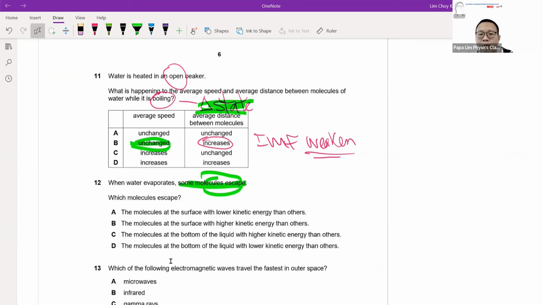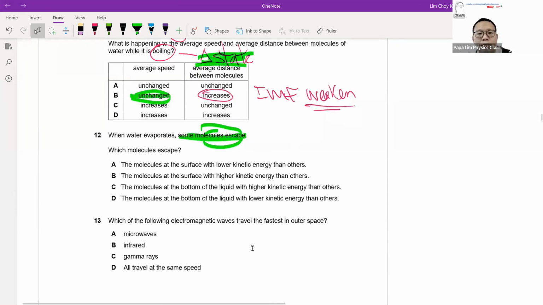The weaker molecules, with weaker kinetic energy, will be left behind, and after that the temperature of the liquid will reduce. What is left behind at the surface will have lower kinetic energy. Evaporation only occurs at the surface.